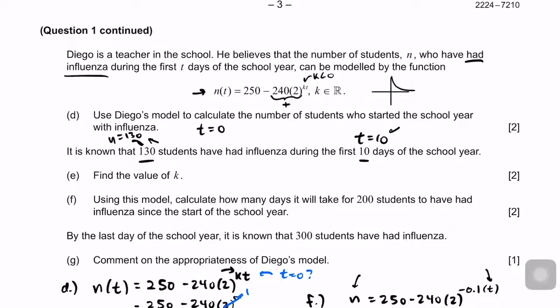So if we have 250 minus some positive, even if this thing goes to 0, we're going to be left with 250. At the end of the year, or after some time has passed, we're going to have 250 individuals that are going to have had influenza. But it looks like, for example, at this school, there might only be 250 students.